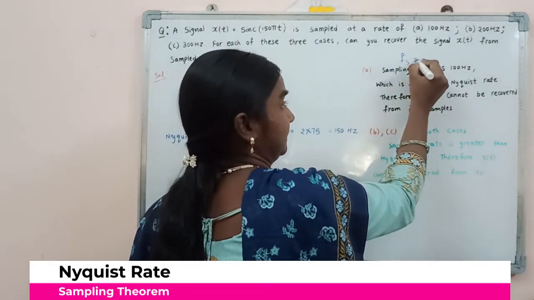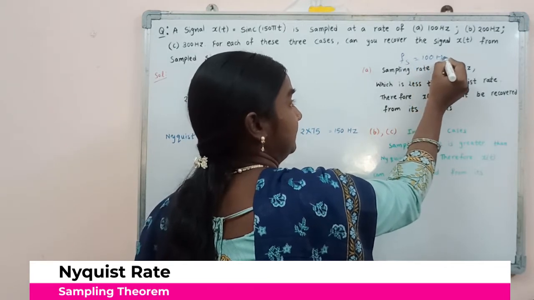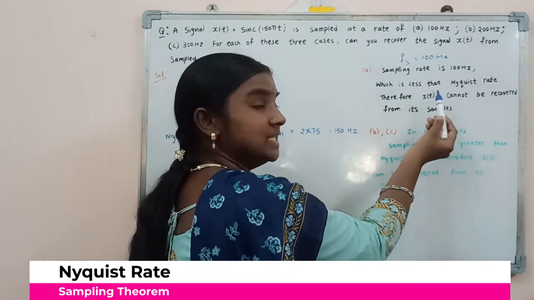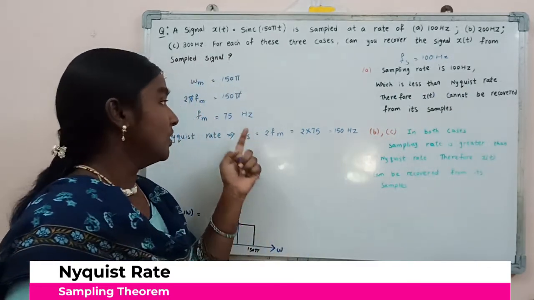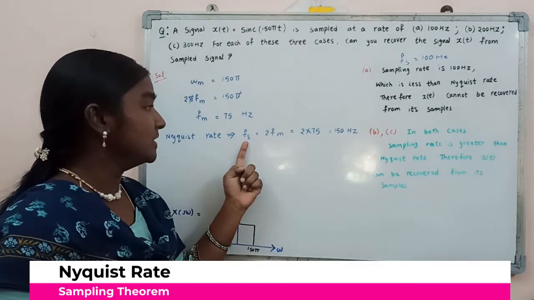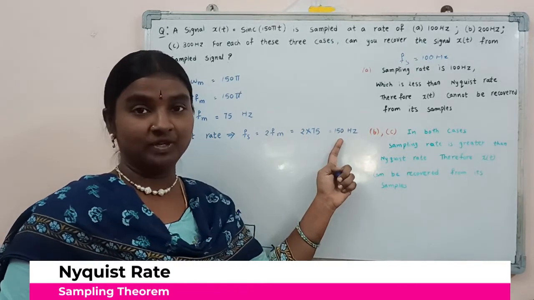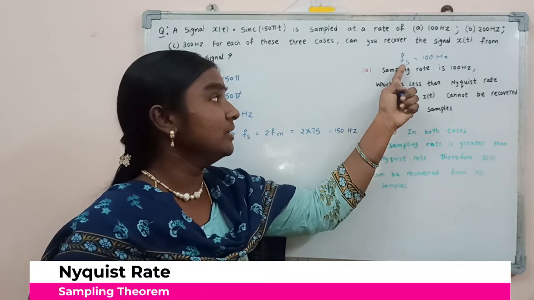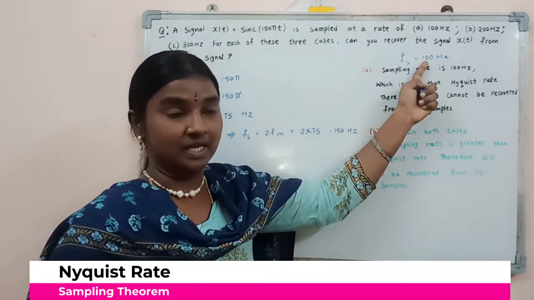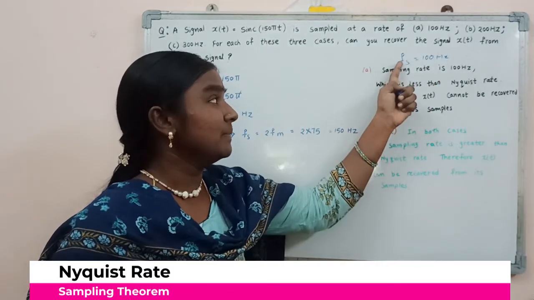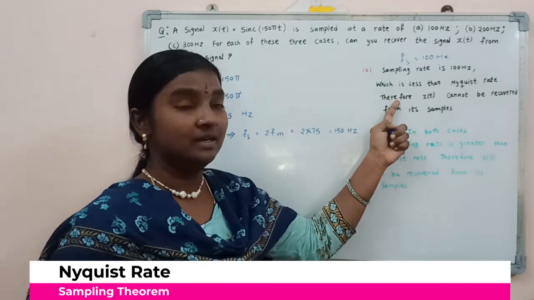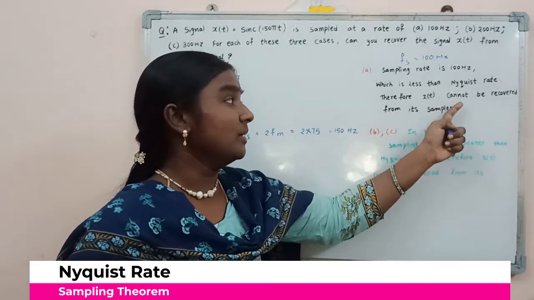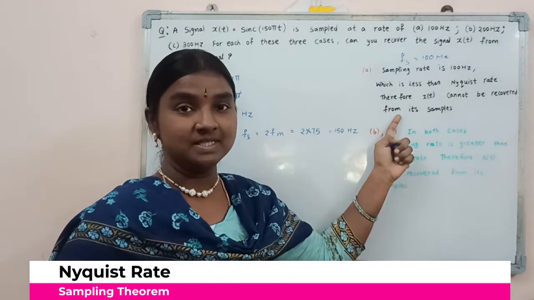This sampling rate is less than the Nyquist rate of 150 Hz. Therefore, x of t cannot be recovered from its samples.